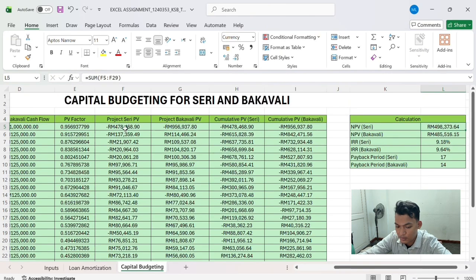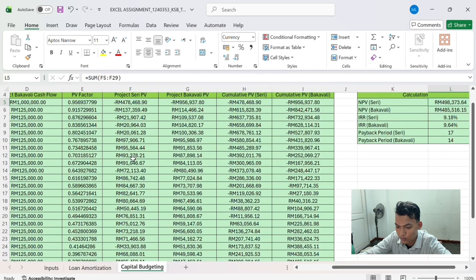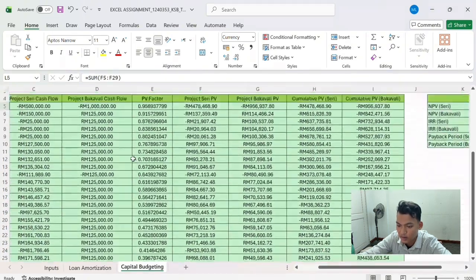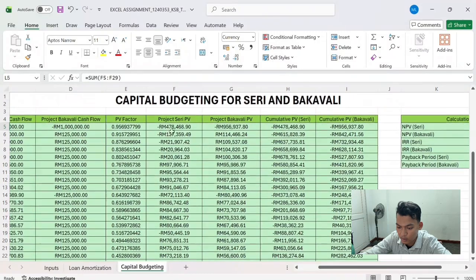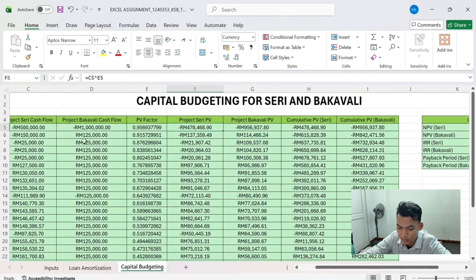So the NPV here is the sum of all the PVs of the project, from year 1 until year 25.